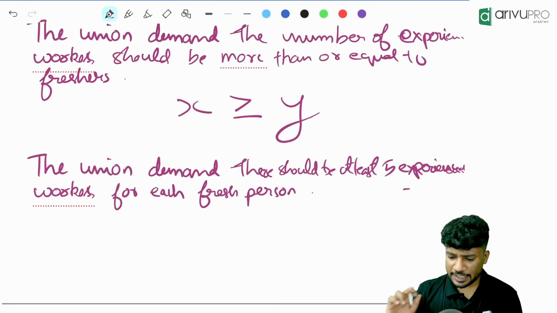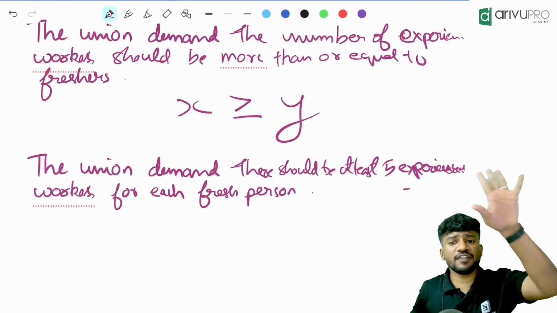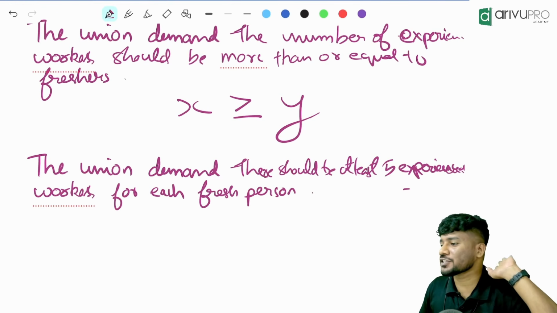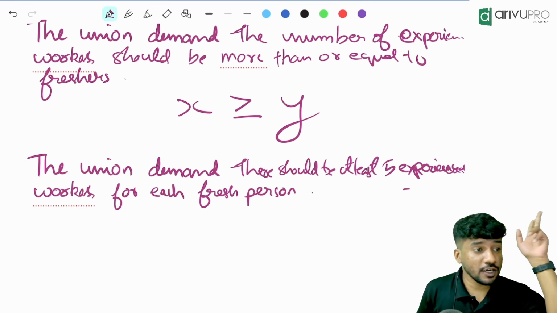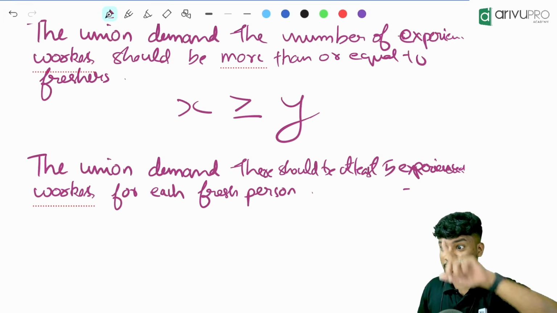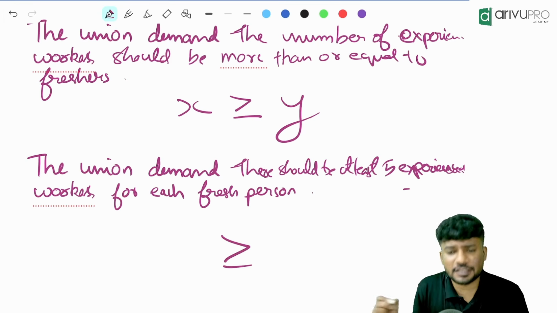The union demands there should be at least 5 experienced workers for each freshman. Now my question is, at least means less than or equal to or more than or equal to? Greater than or equal to, at least 200 marks. Remember that. At least means greater than or equal to.